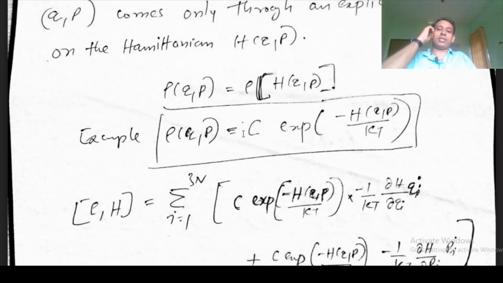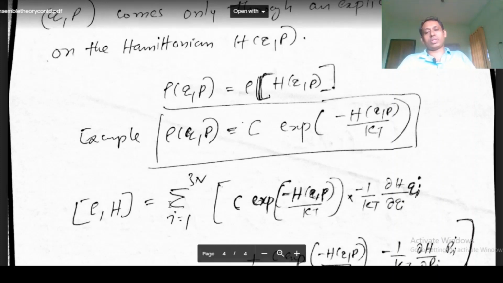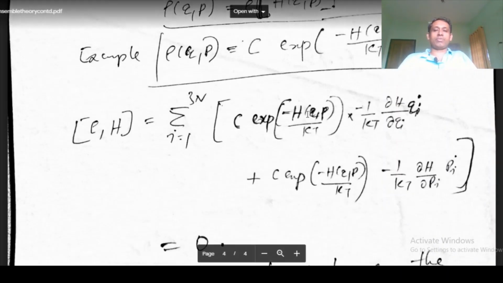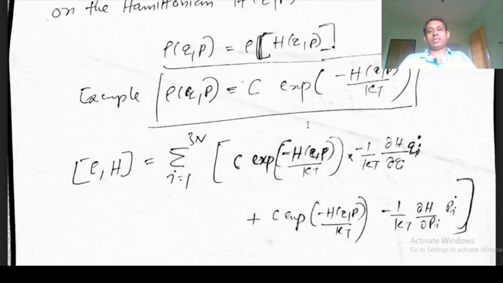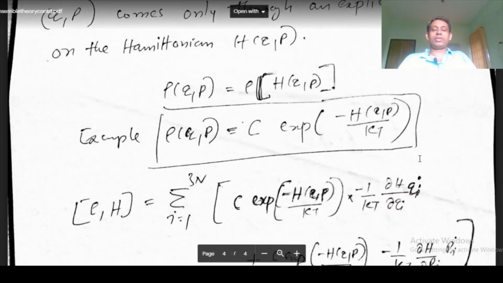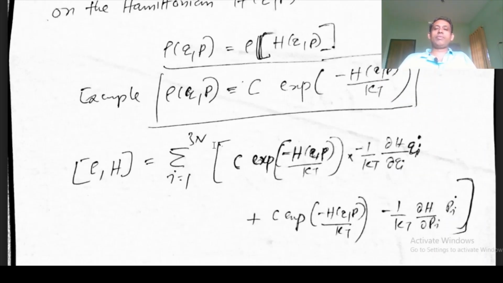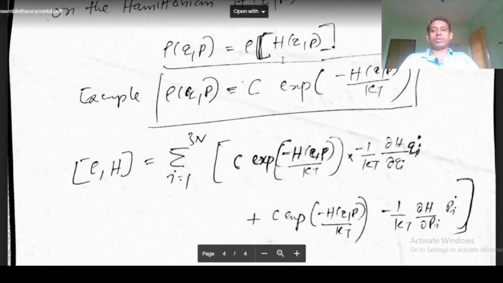This also satisfies the equation, and this is the expression for the canonical ensemble. If we choose the density function in this form, we get the canonical ensemble. We will study in detail systems in the microcanonical ensemble and the canonical ensemble later.